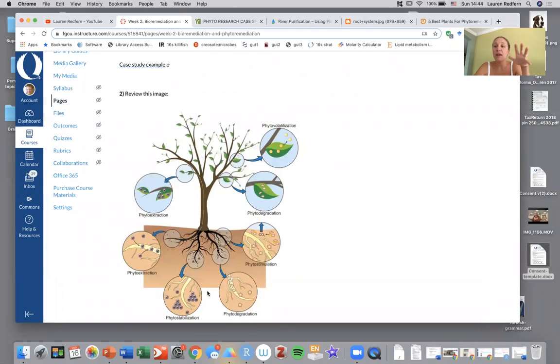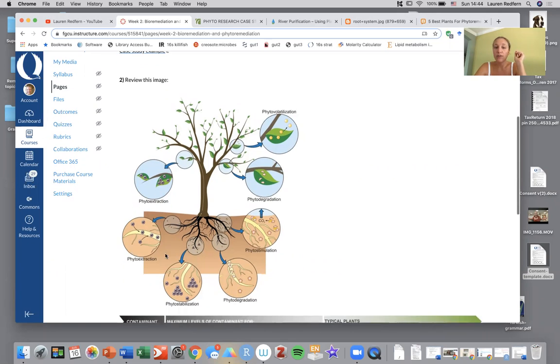But we can see when we have a tree that's interacting with the chemical, it can interact with the chemical in a variety of ways. So it can use its roots or it can use the tree trunk and the leaves. And it can either degrade the chemical, break it down into smaller chemicals. It can volatilize the chemical and put it in the air. It can store the chemical in its leaves or down in its roots.